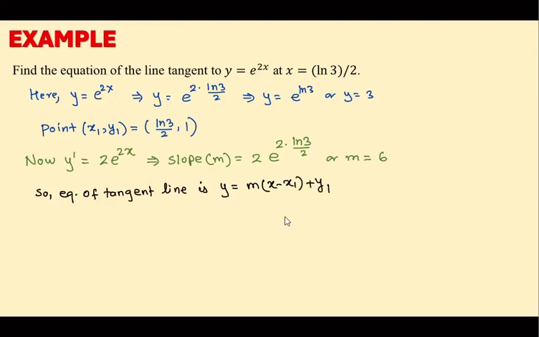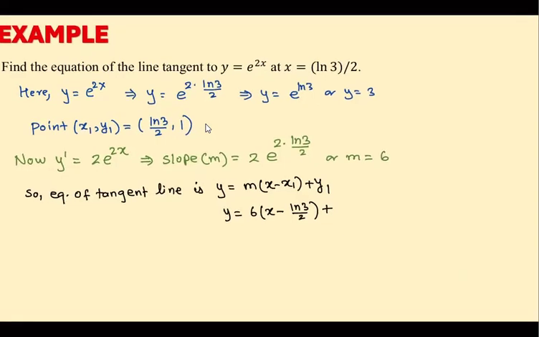We plug in the values there: y equals, the slope is 6, times x minus x1, where x1 is natural log 3 divided by 2, plus y1, where the value of y1 is 3.